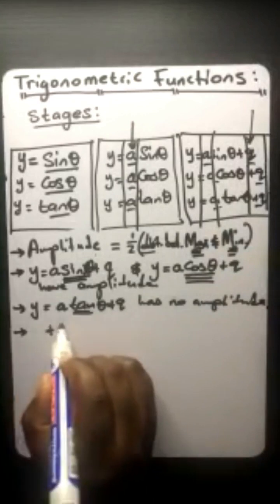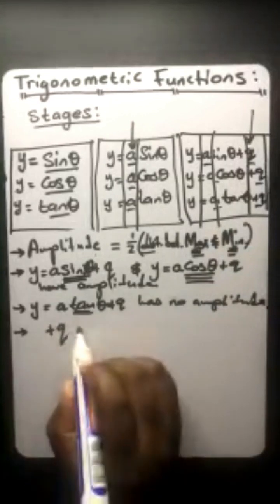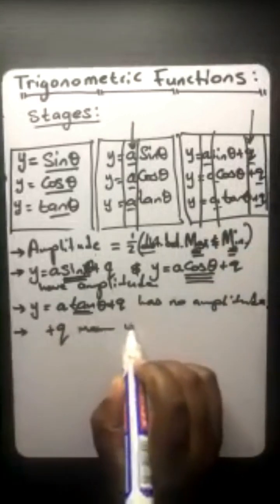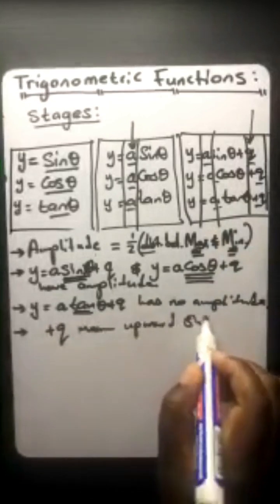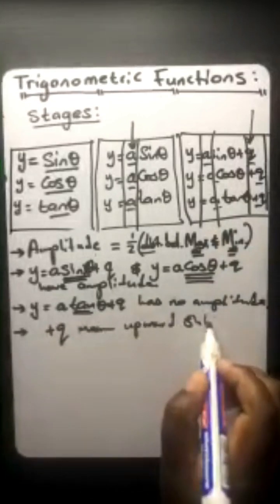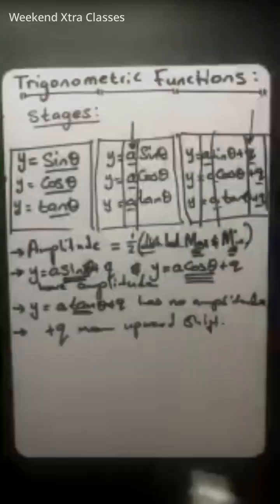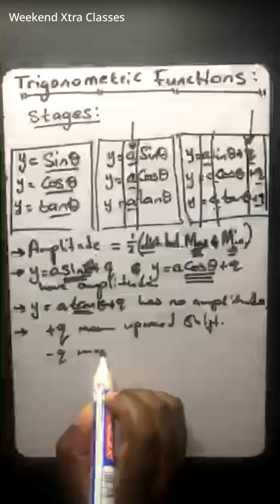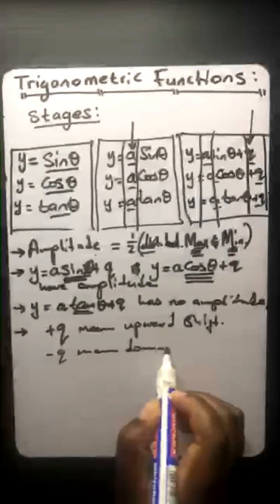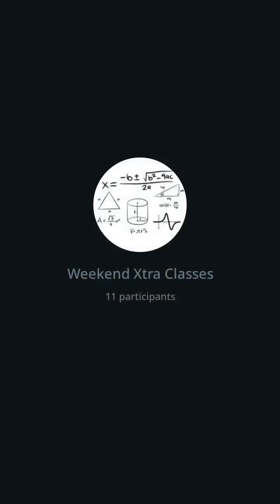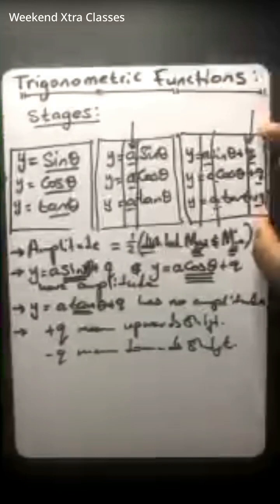Positive Q value means upward shift. Obviously, you know this from functions, which means negative Q will mean a downward shift. So that means even the trigonometric functions do shift.